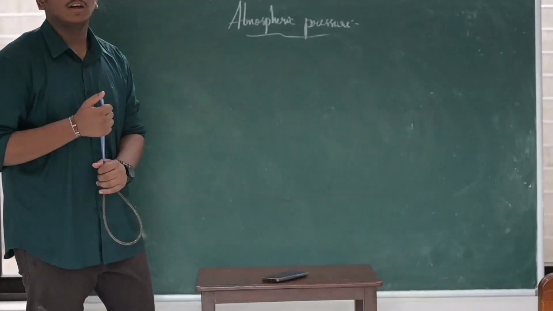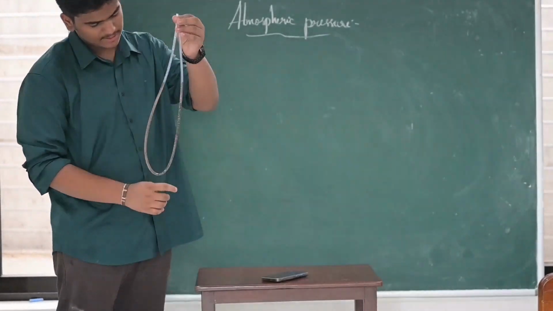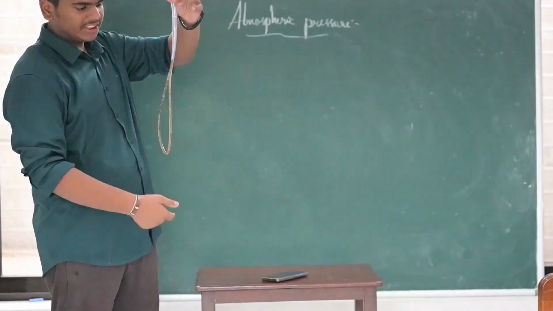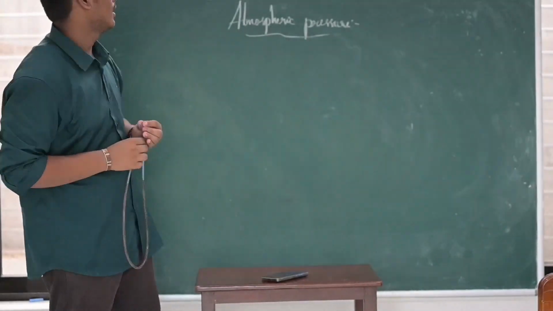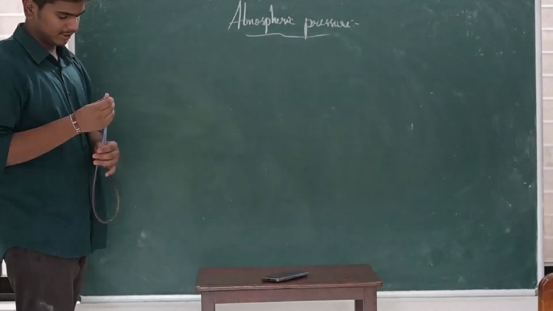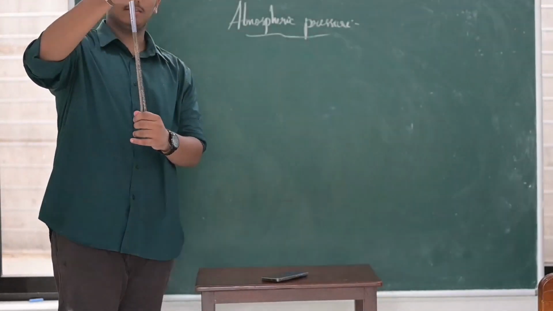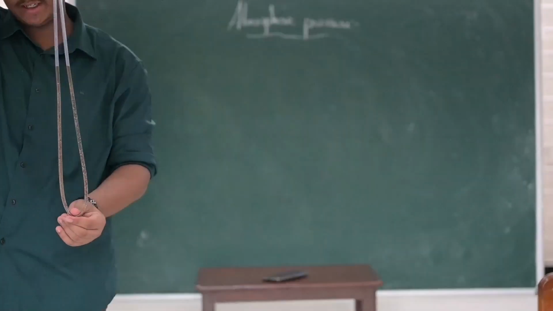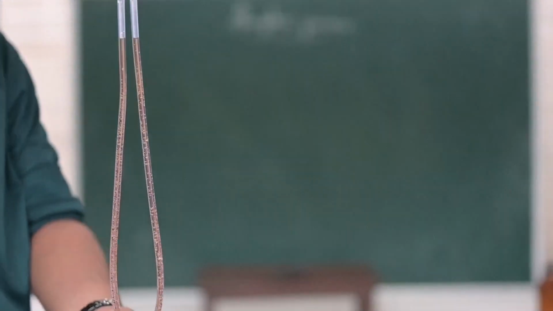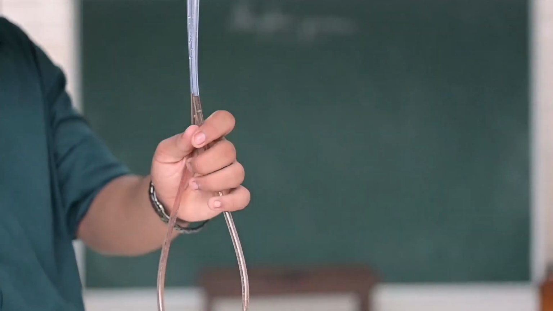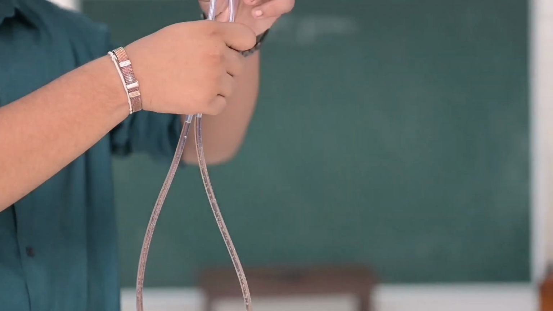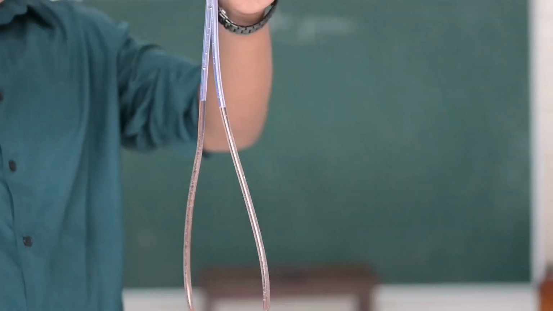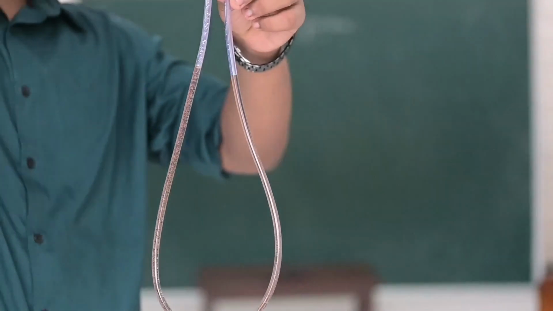Okay. Now, students, let us take a U-shaped tube to understand the concepts of atmospheric pressure. Now imagine I have a tube, filled with the fluid. Now they are at the same height. Am I right? They are at the same height. So now if I pull one end above, what will happen?